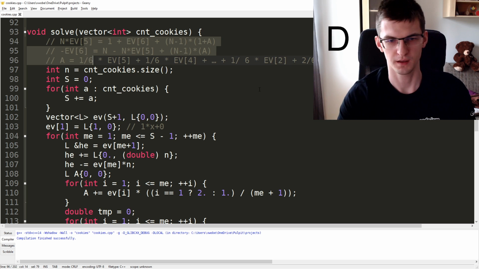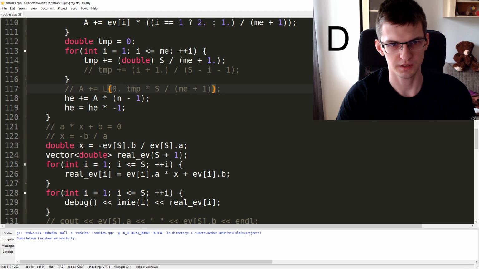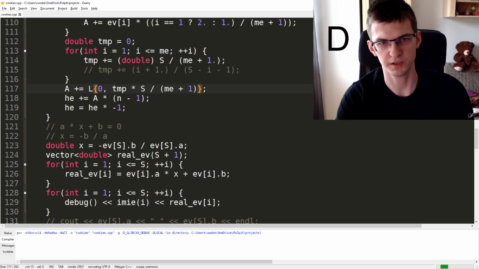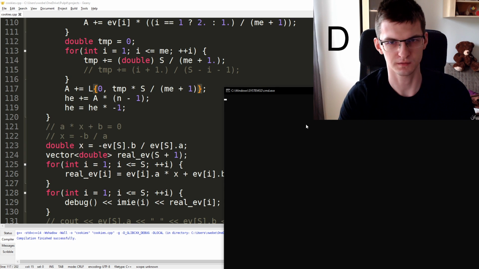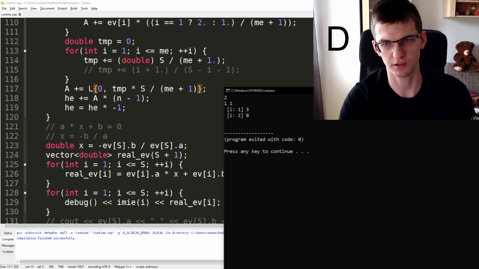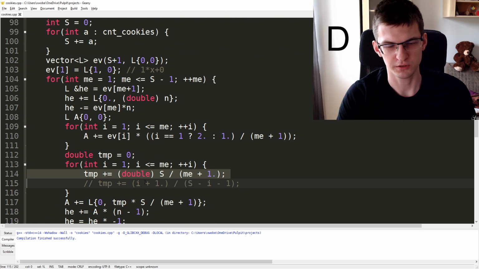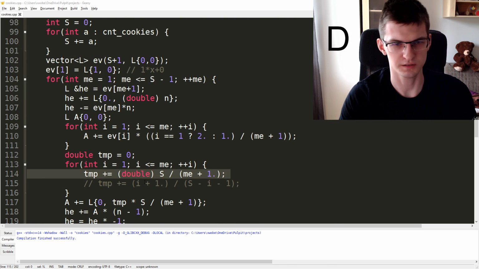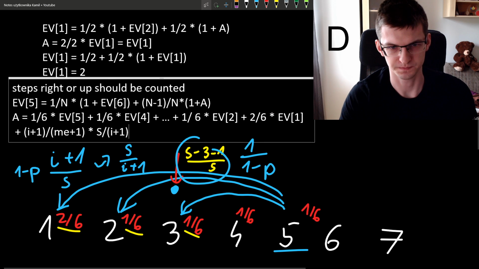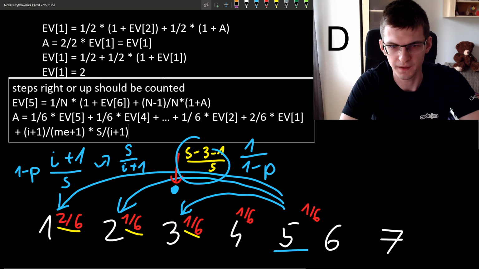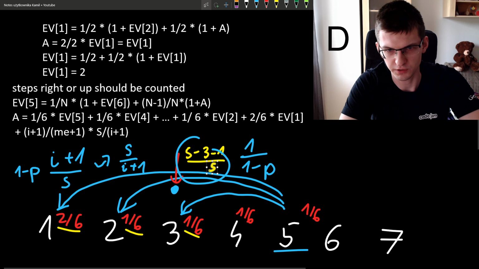Works. If I uncomment this, it stops working, which means this is invalid. I got 3. This formula should add 0 in this case, so let's review it. I count for that wasted time.